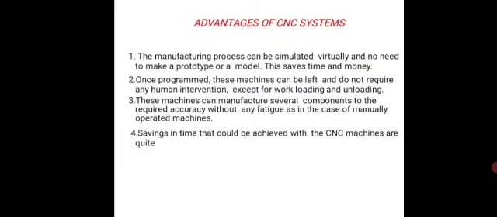Advantages of the CNC system: the manufacturing process can be simulated virtually and there is no need to make a prototype or a model. This saves time and money. These are major advantages, along with time saving and high quality of the product.